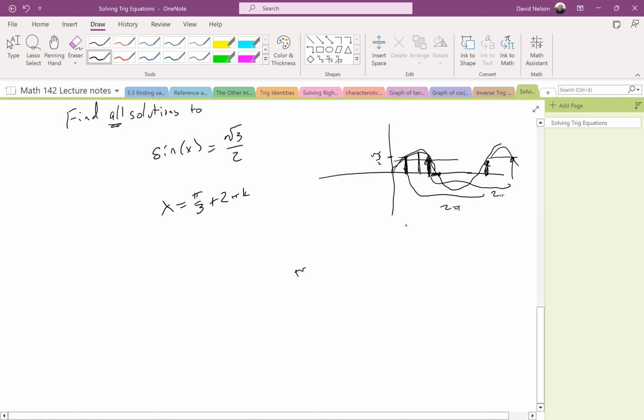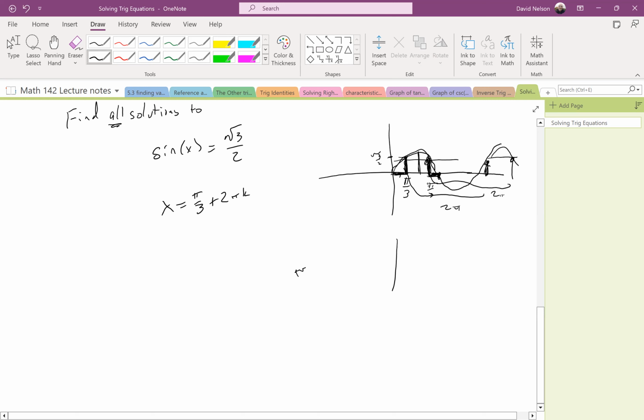If you look at the symmetry, it's kind of hard to see in my sloppy drawing, but the distance from 0 to my solution is pi over 3, and the distance going back from pi to that point is pi over 3 as well.